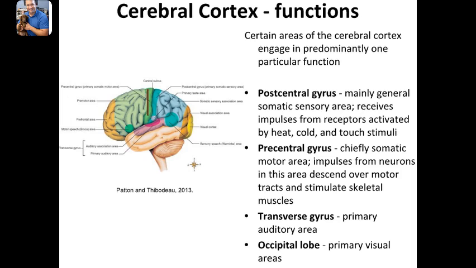sensory information. The occipital lobe is going to contain the visual cortex, where vision imagery is processed. Speech is going to be processed in this posterior inferior aspect of the temporal lobe called Wernicke's area. And there's another little area in the frontal lobe between the frontal and parietal areas, and that's called Broca's, and that's going to help us speak.